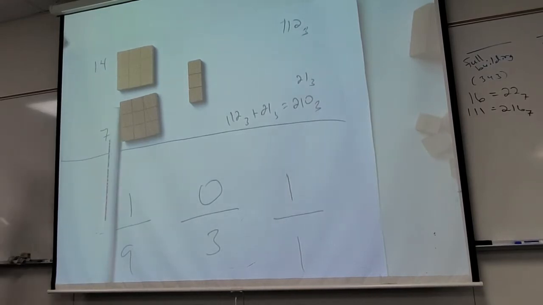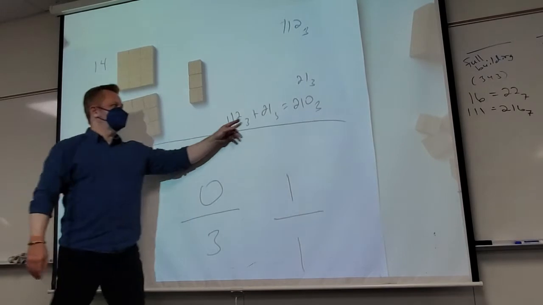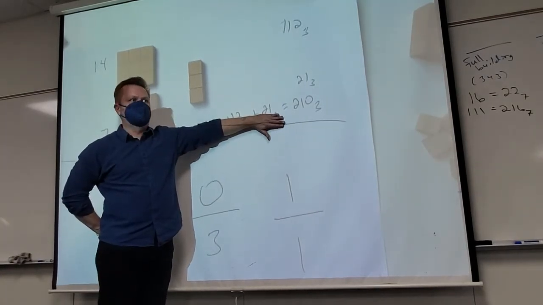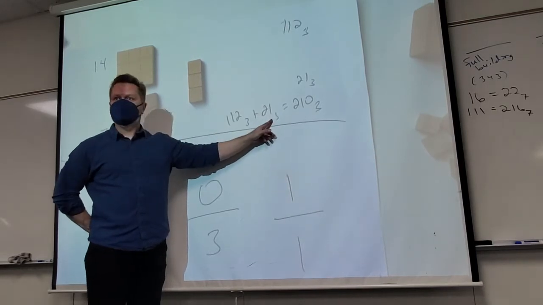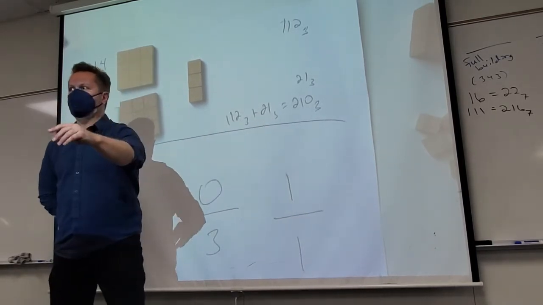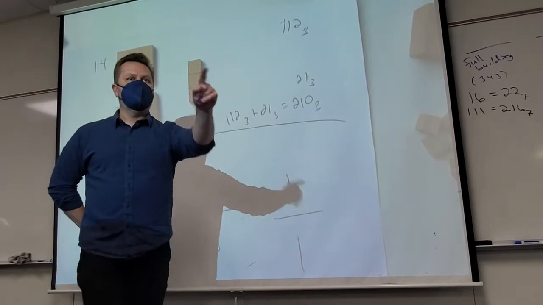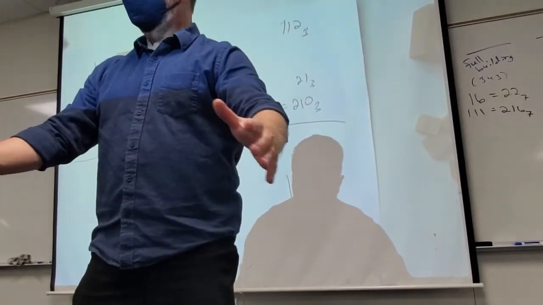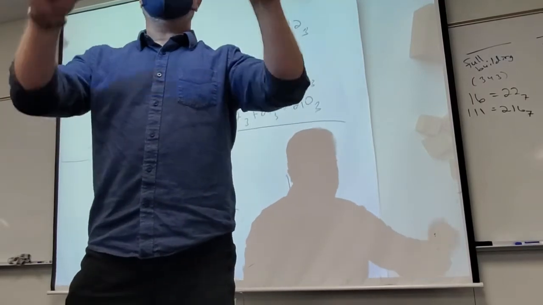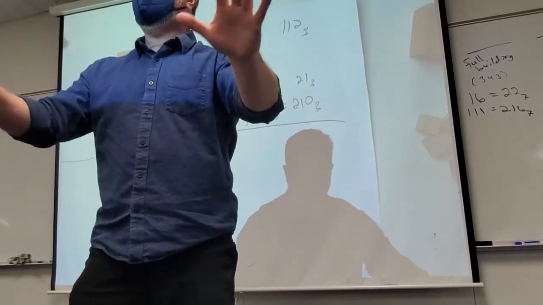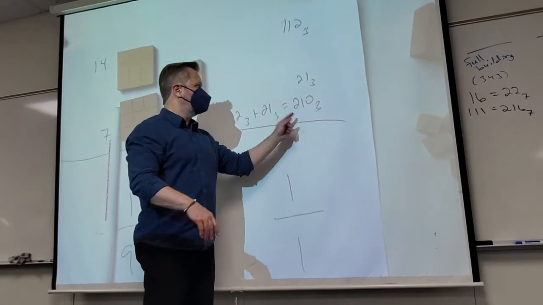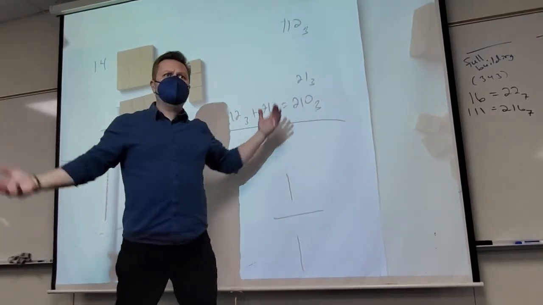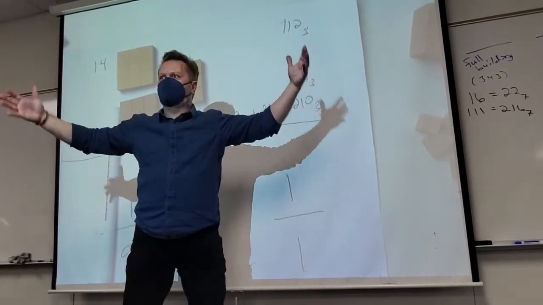That's not obvious, is it? You can't just do this. If I just said, what's 112 plus 21, you should be able to do that in your head, right? But you can't do this in your head nowhere near as quickly because you're not used to base 3. Now, if you do get an assignment with really small kids who are learning our number system for the first time, they feel the same way you do about base 10. They feel as base 10 as you feel about base 3. They've never seen base 10 before.